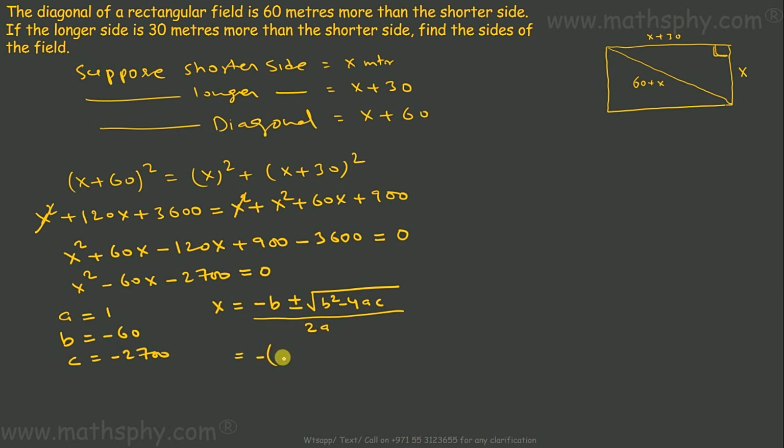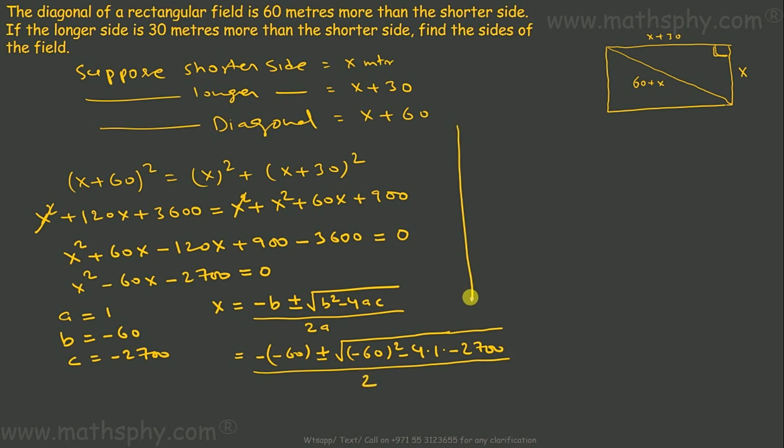Minus b is 60, plus minus root b squared means (−60)² minus 4 into a is 1, c is −2700, over 2a means 2 into 1, 2. So this would be 60 ± √((−60)² = 3600, plus 4 into 2700, which will give you 10,800).